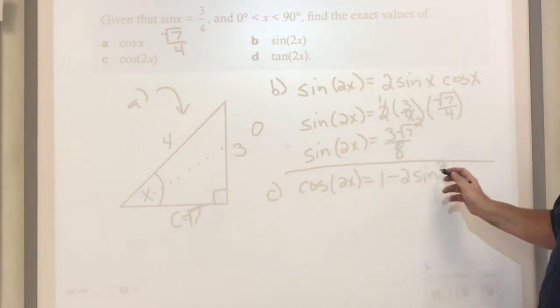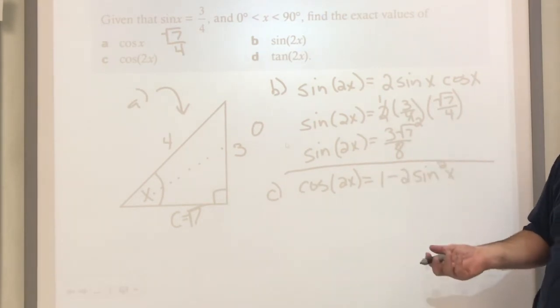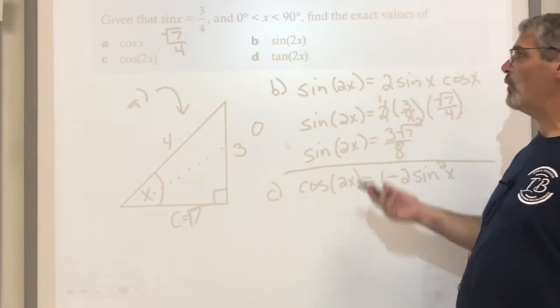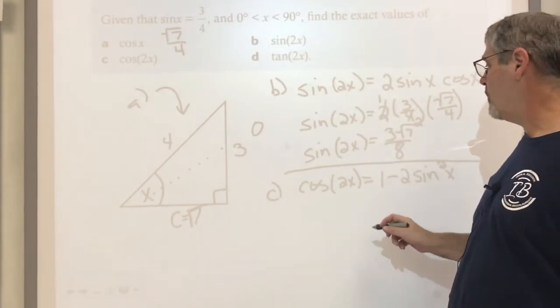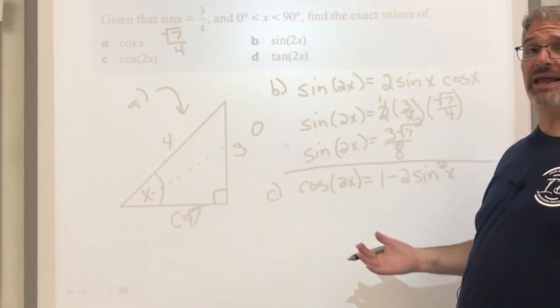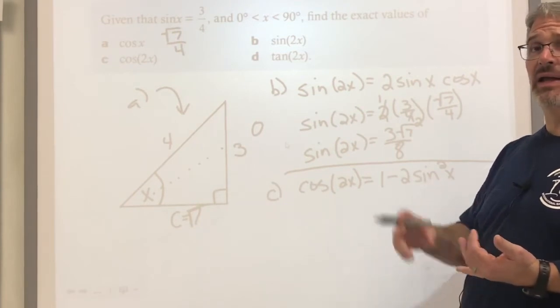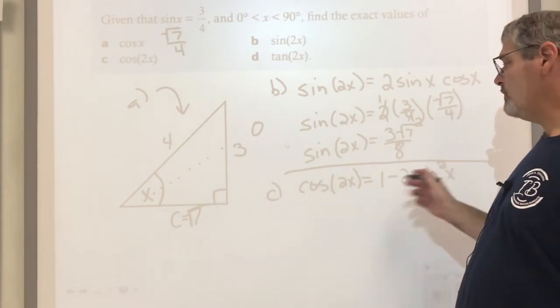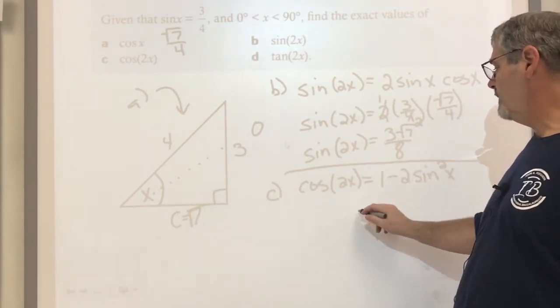So to figure that out, I need to know what sine of x is, which I already know is 3 over 4. I could have used probably any one of them because I know sine and I know cosine, so I could have used any one of the 3. I chose to use this one.